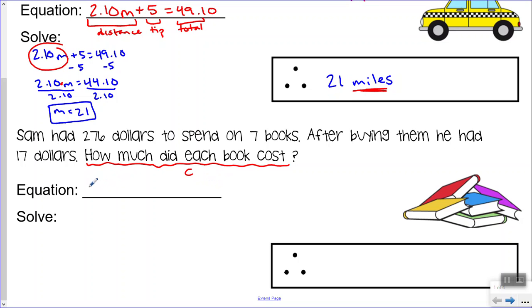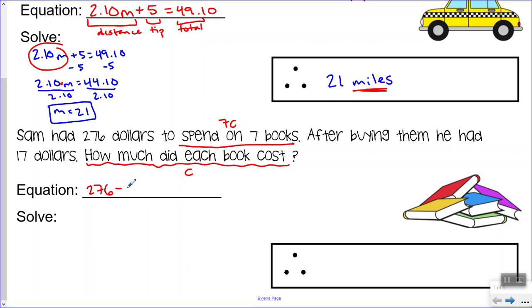So we know that we had $276 to begin with. Then we spent money on 7 books. So if each book costs C dollars, the total cost for 7 books would be 7 times C. And if that's money that I'm spending, that's money that I'm taking away from the 276 that I had.